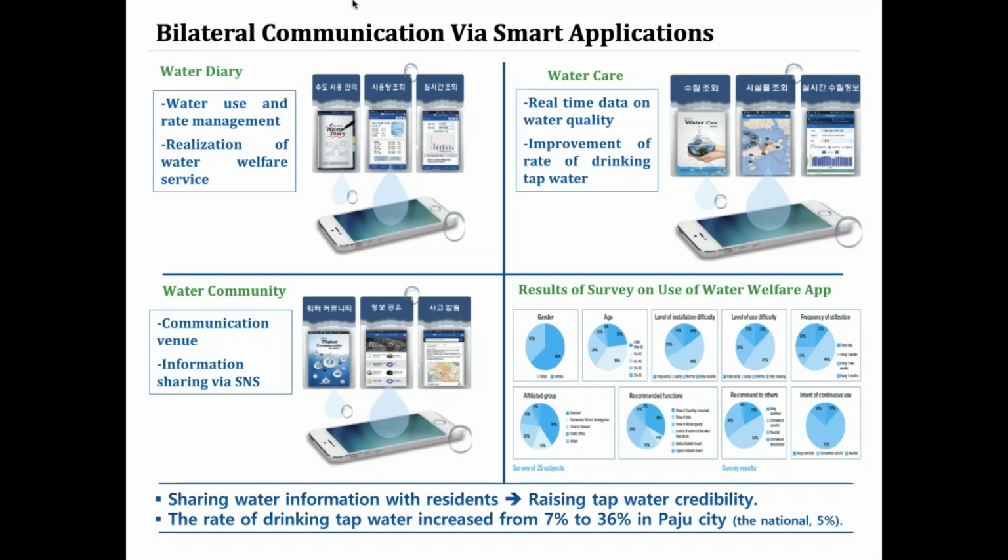Through bilateral communication with these applications, the tap water credibility is raised, and the rate of drinking tap water directly increased from 7% to 46% in Paju City, whereas the average usage of tap water on a national scale is very low, about 5%.